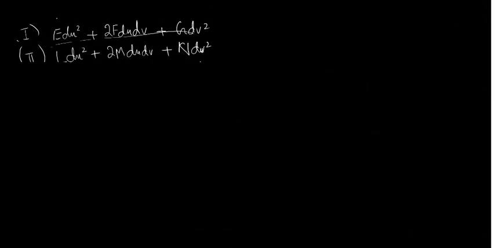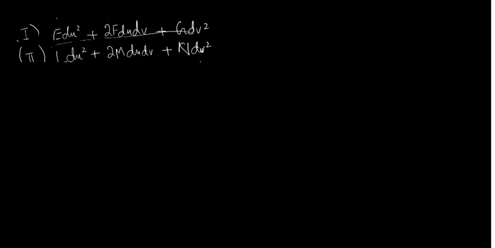Now what I was trying to say is that there is something called a triple scalar product of vectors. If you have three vectors in 3 dimensions, then you can think of their triple scalar product.